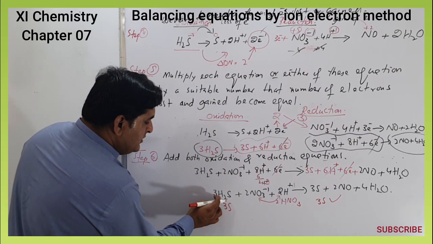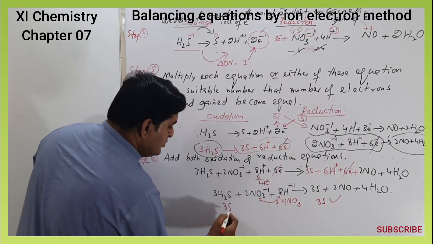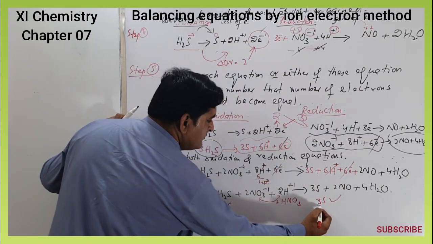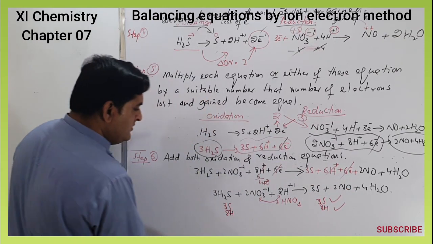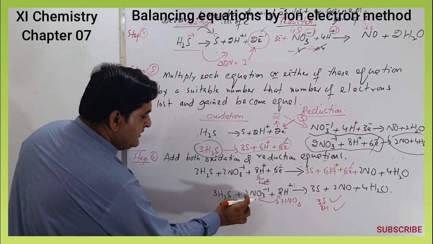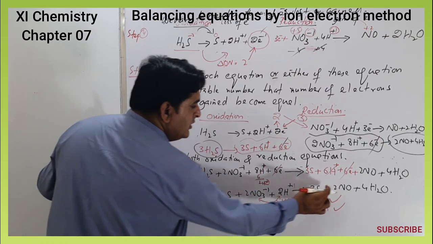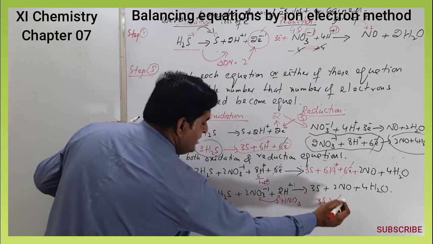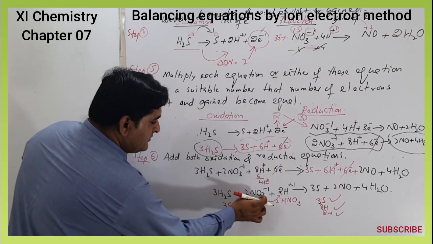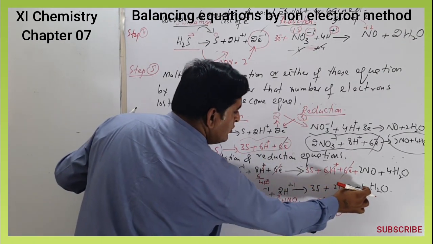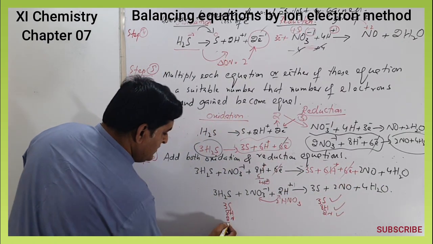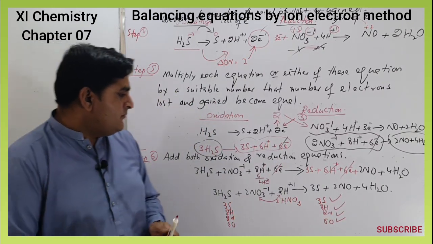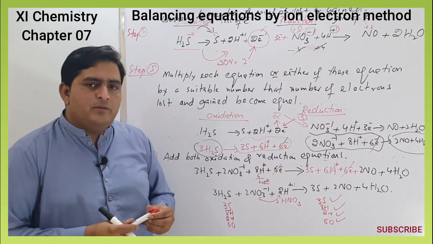How many hydrogen? 3 times 2 is 6, plus 2, 8 hydrogen. 4 H2O also has 8 hydrogen, so hydrogen is balanced. Nitrogen: 2 on each side, balanced. Oxygen: 6 on each side. In this way, we balance the equation by the ion electron method.